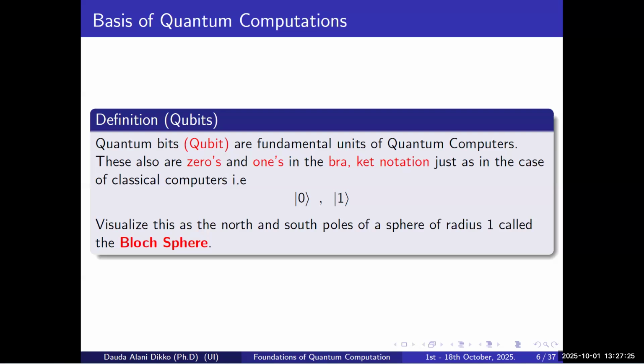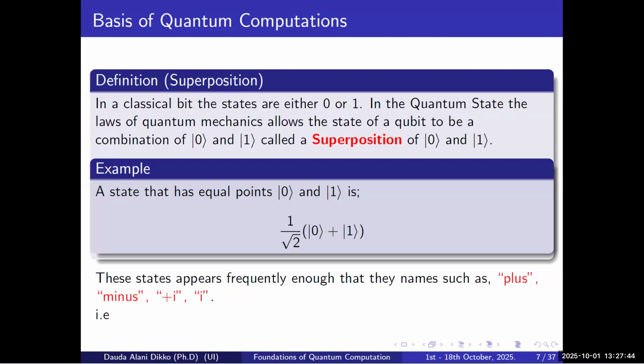If I use a 0 gate, it's a column matrix, which is (1, 0). If I use the 1 gate, it's (0, 1). You can visualize this generally as the north and south poles of a sphere of radius 1 called the Bloch sphere. For the Bloch sphere, you can estimate the angle of rotation and things like that. That is when you have to do more clear computational things.